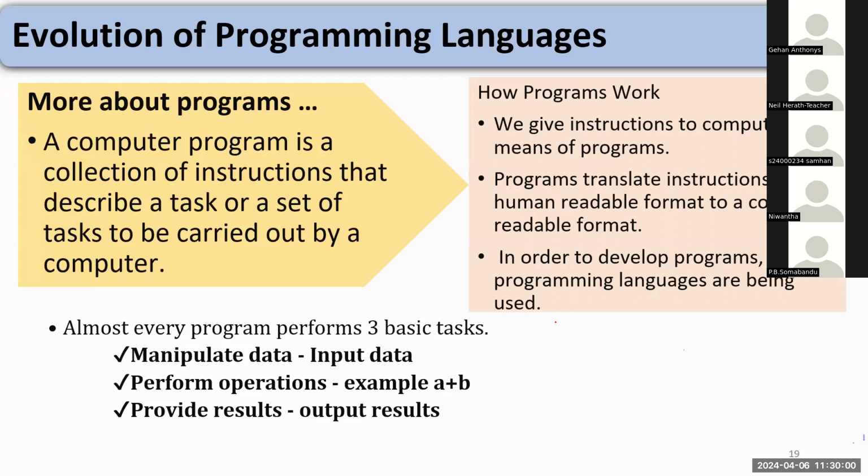So if you remember, I mentioned earlier, a computer program is a collection of instructions on how something can be done. It is written in some simple English, since we are talking about English, but for example in China they write their programs in Chinese language, but it doesn't matter.